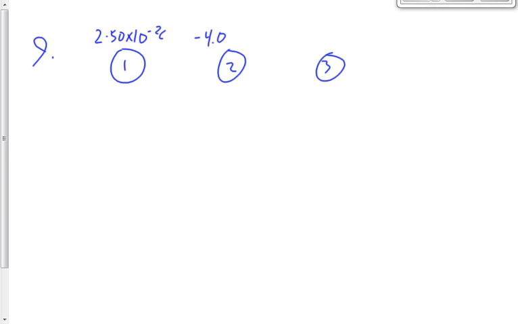We have three charges: your charge 1, your charge 2, your charge 3. 2.50 times 10 to the negative 2 coulombs, negative 4.00, and we've got 3.00 times 10 to the negative 2 coulombs. We're trying to find the field right down here somewhere, point X. This is 60 millimeters.